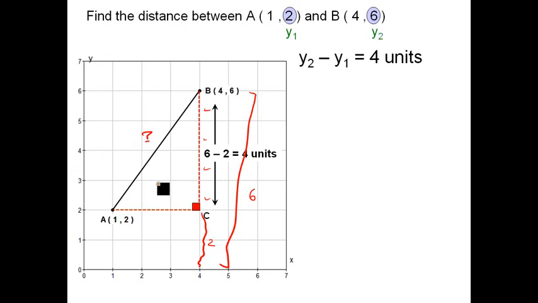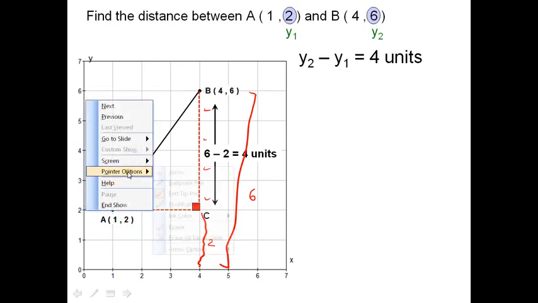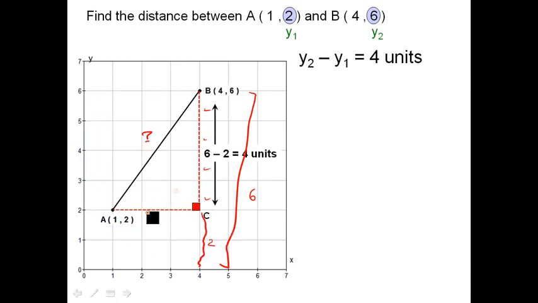Now, let's find the other side, which is AC. From A until 2, we have only 1 unit. This is 1 square, 1. And from C until that point, it's 4 units.